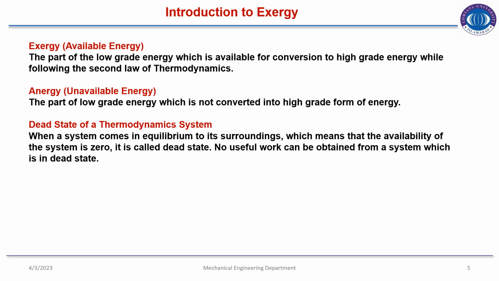To explain it, let's suppose we have a body A at a certain temperature T, let's suppose 100 degrees centigrade, and the ambient temperature or the surrounding air has a temperature of 25 degrees centigrade.